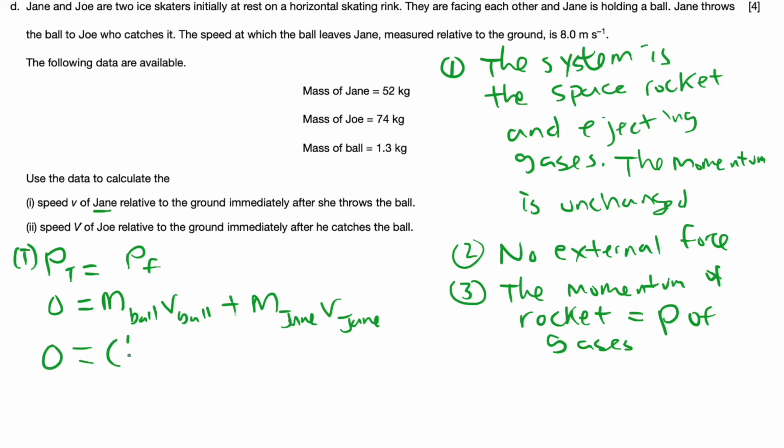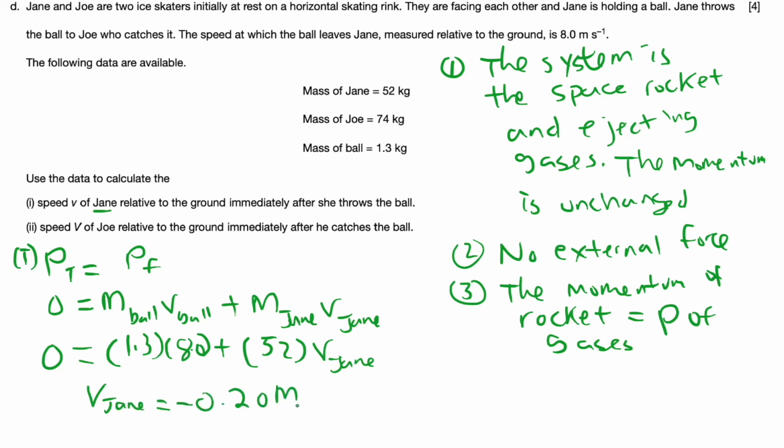The ball is 1.3, velocity is 8.0, mass of Jane is 52. So the velocity of Jane is going to be equal to negative 0.20 meters per second. And because the problem asks us to find the speed, you're going to take the magnitude, so it's going to be positive 0.20 meters per second.